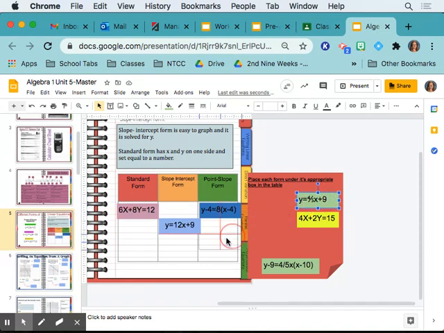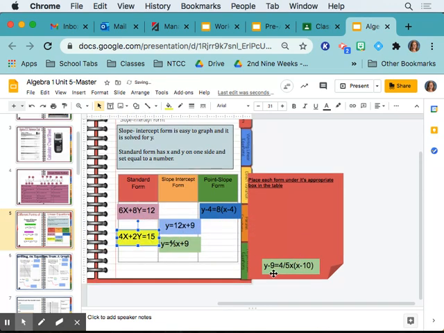Slope-intercept. 4x plus 2y equals 15. And then y minus 9 equals 4/5 x. Oh, that should be 4/5 parentheses. Sorry, take off that extra x. X minus 10. There we go.